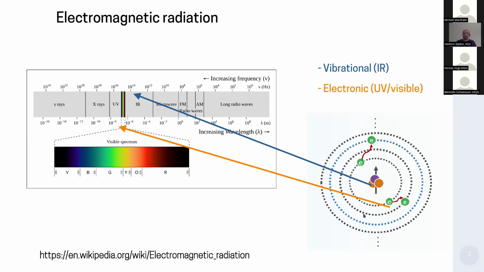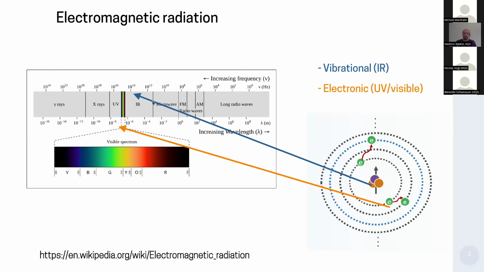What is interesting here is that electronic transitions are more energetic, so they have larger quanta and therefore correspond to wavelengths lying in the ultraviolet and visible spectrum. So electronic transitions are responsible for what we see with our eyes, but not only this, also for ultraviolet absorption.